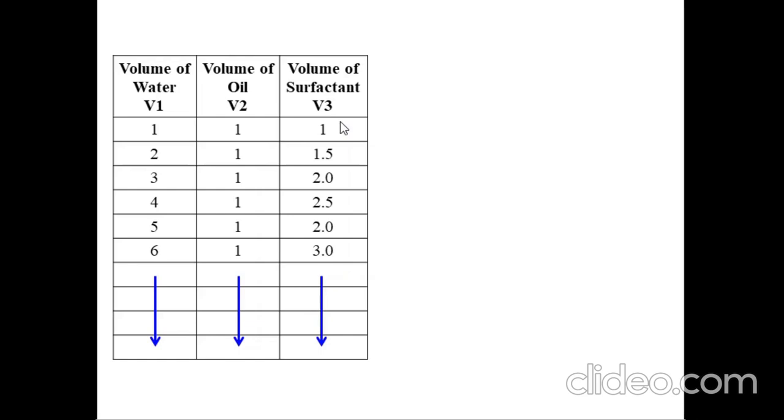So you keep adding, because this surfactant reduces the surface tension, and at a certain point, as I said, the mixture becomes homogeneous. So you keep adding the surfactant till the mixture becomes homogeneous.